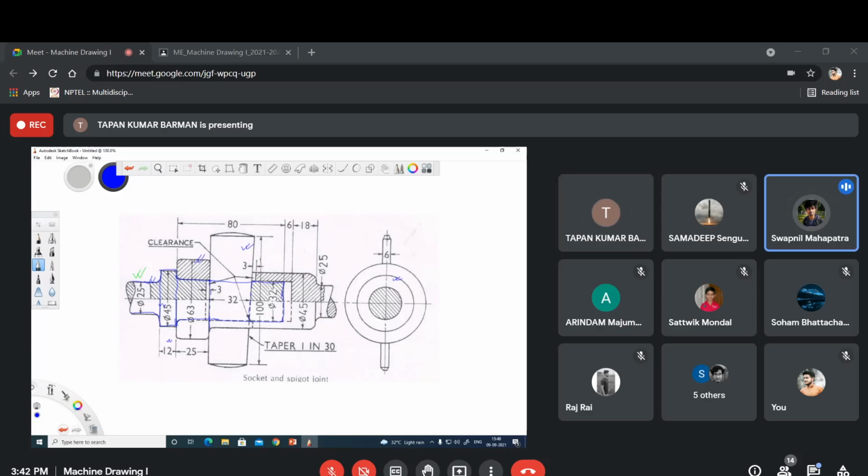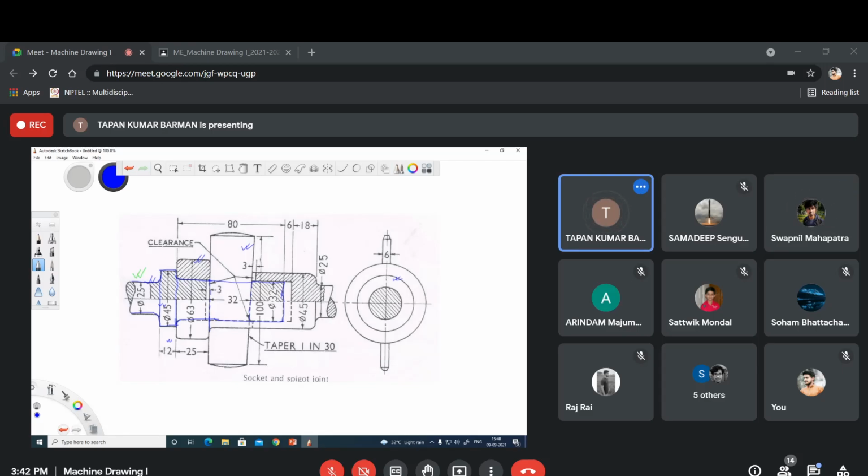Now your task will be to make the individual component drawing of this joint. In our next class, we may discuss the details of this thing, but from your engineering drawing class only, you should do up to this, the individual drawing of this component. Is it possible? Yes, sir. Means the assignment is clear to you?